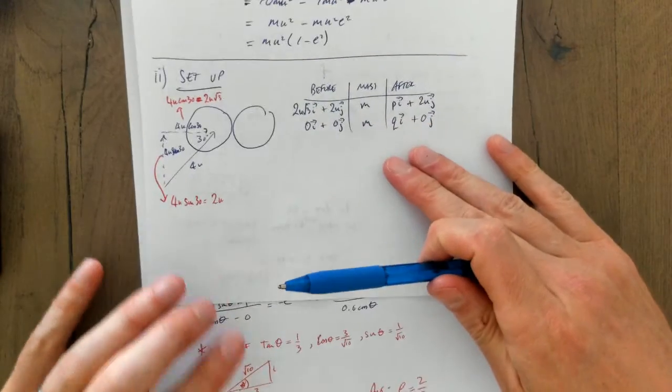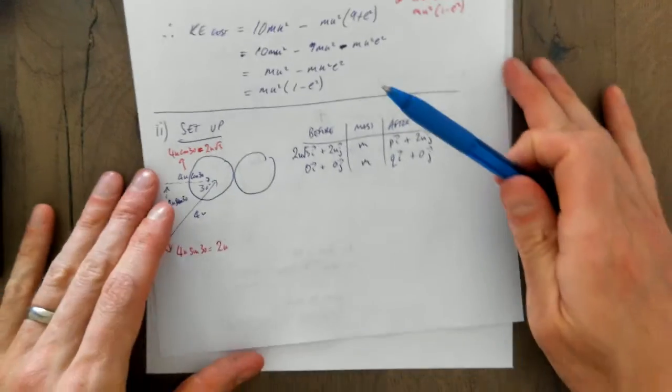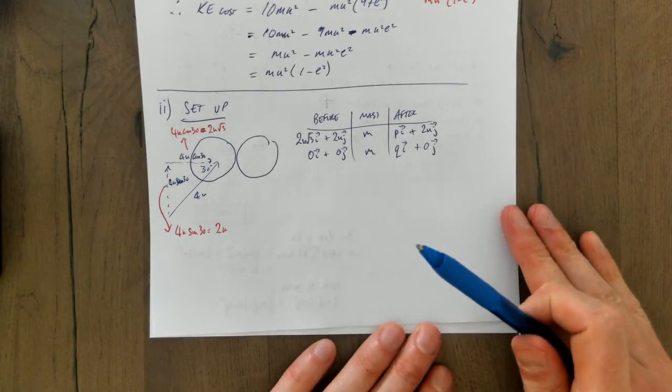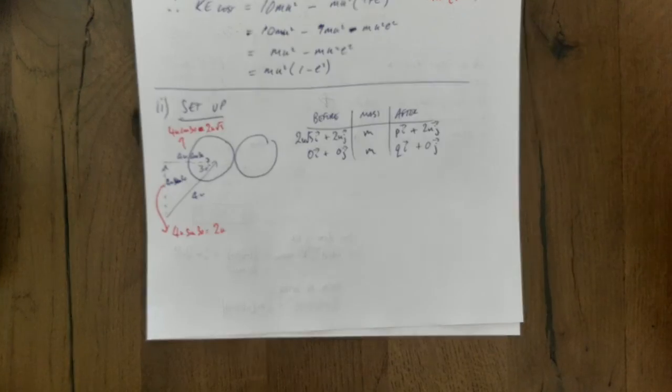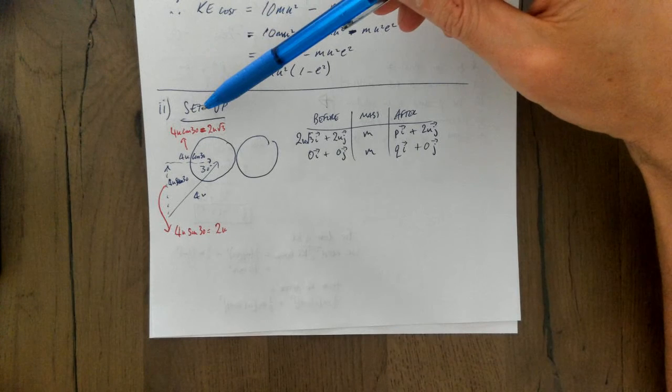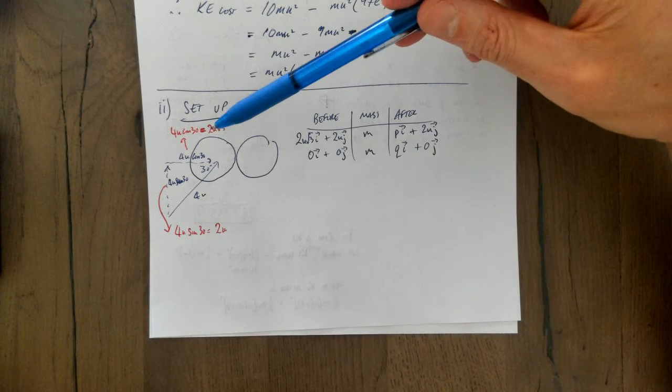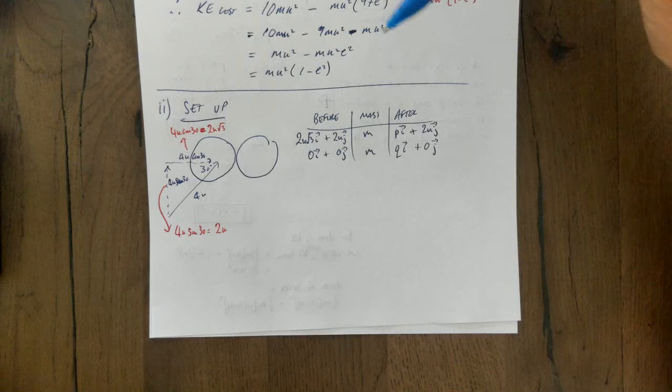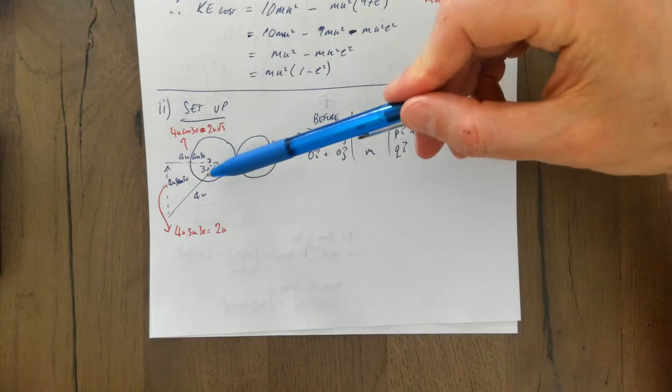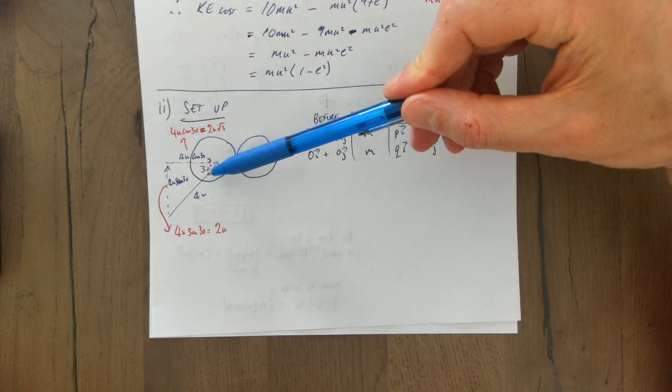Okay. I'm not going to do the second part for you, but I have set it up for you here. So I would like you to try these, because the more you do, the better equipped you get. So this is the setup, and the workings are fairly similar to the first part. It says 4u is now coming in at a 30-degree angle, right?